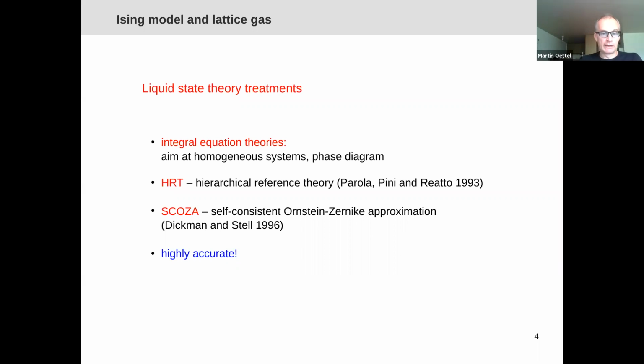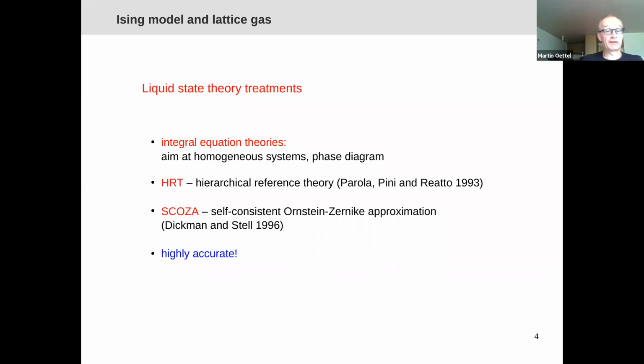And SCOSA is, I would say, a competing scheme which does not impose any renormalization group ideas, but imposes a self-consistency of thermodynamics in the model, which also seems to be natural. And this then by itself generates also the correct, or more or less correct, behavior.